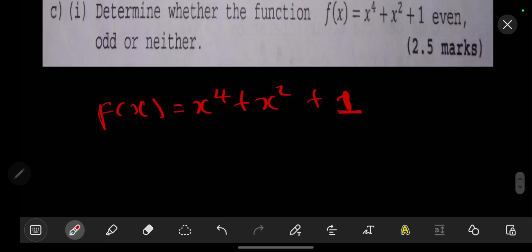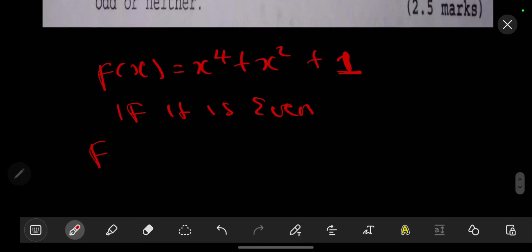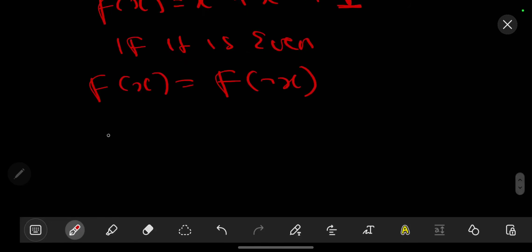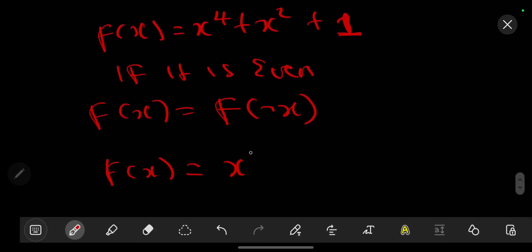So we are going to go direct to test for even. If it is even, we are going to say f of x should be equal to f of negative x. So we know that f of x is equal to x to the power 4 plus x to the power 2 plus 1.